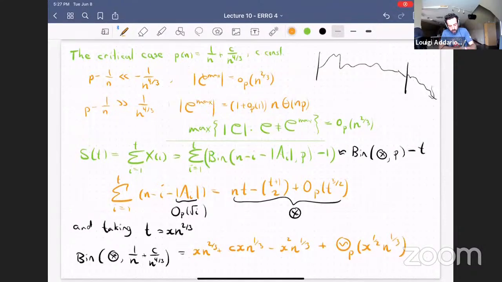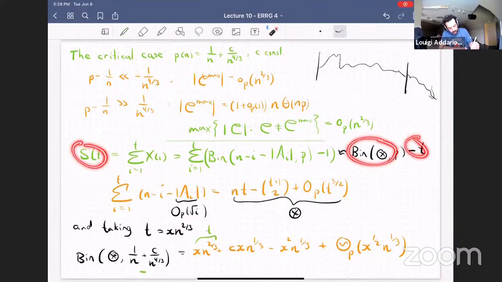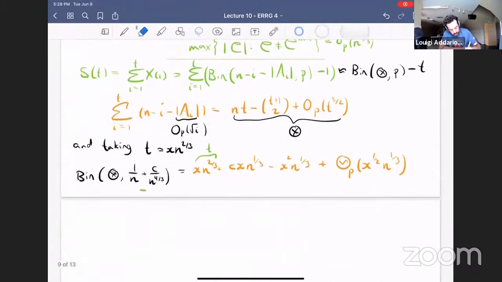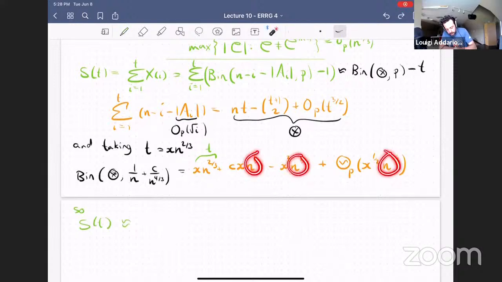Okay, so now if we subtract off T, remember this term here is just T, right? x n to the 2/3. So if we remember that our process S looked like this binomial minus T, that's telling us that S of T looks something like, so in all of the other terms we have an n to the 3rd popping out, you see.